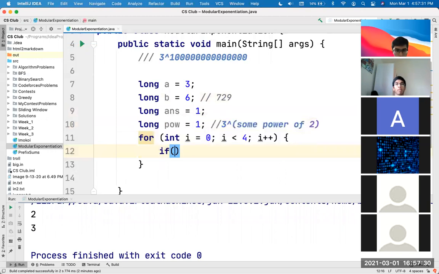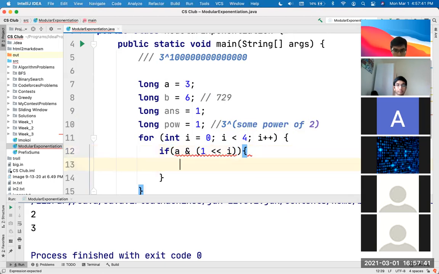So first we're going to check if 2 to the i is something that can be added to other powers of 2 to make B, where B is the exponent.